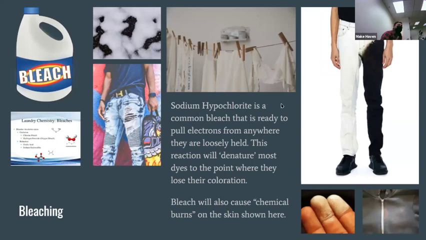Another way that you might deal with things is to try and get color out of them. And so bleach is something that is definitely an exciting process to play around with. It's toxic, so you've got to be careful if you're going to do bleaching of your own clothes, but you can get some really interesting effects if you take a garment that already has a color and then you bleach it out. Periodically, this goes in and out of fashion.